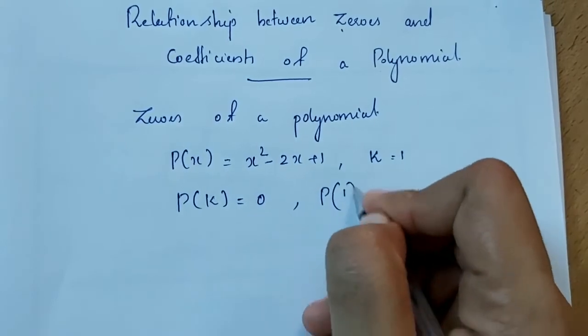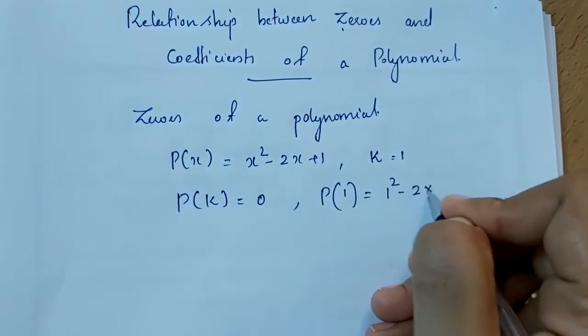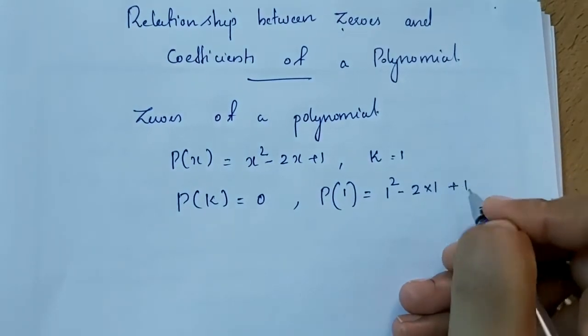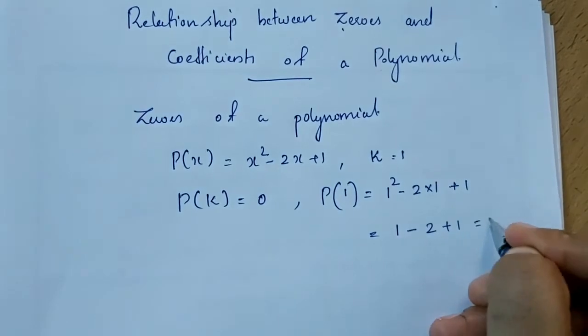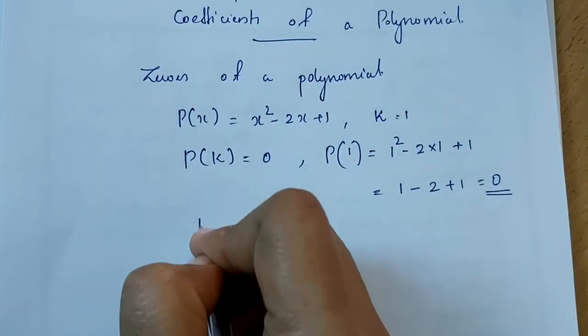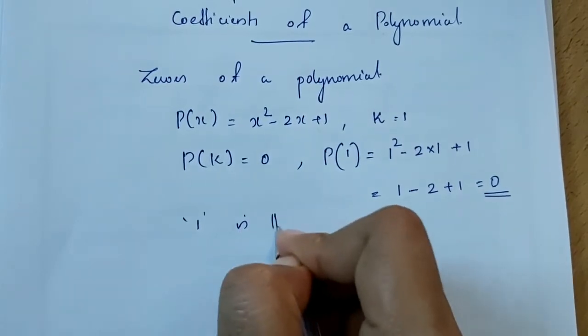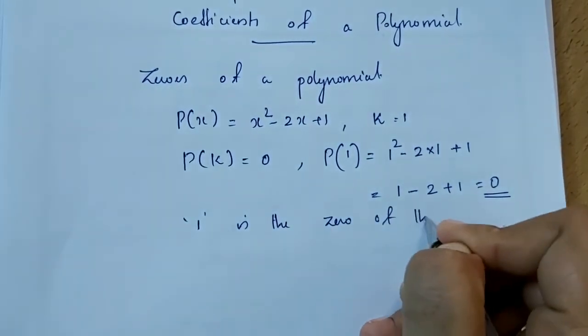Then p of 1 is equal to 1 square minus 2 into 1 plus 1, which is equal to 1 minus 2 plus 1, which is equal to 0. Then we can say that 1 is a zero of the polynomial.